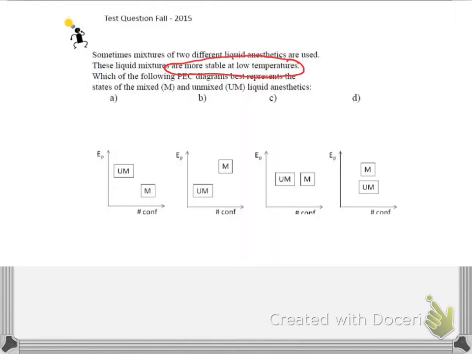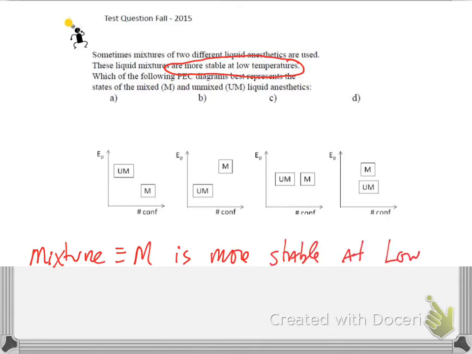Okay, so in this question we have a Peck diagram, and there's some specific information here that we want to make sure we feel comfortable applying, that the liquid mixtures are more stable at low temperatures. So that means the mixture, which is M in this diagram, is more stable at low temperatures or at low kinetic energies.